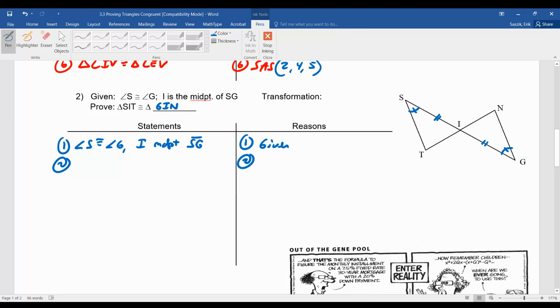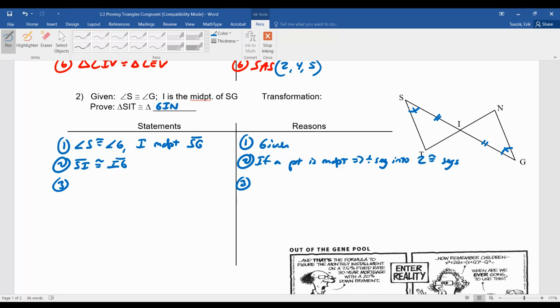I marked them congruent, and I know it seems obvious, but we have to say that SI is congruent to IG. Now, again, your reason sheet, you go down and you look at number 9. If a point is a midpoint, then it divides the segment into 2 congruent segments. I know it seems obvious, but we have to get that down. Okay? We have to get that down.